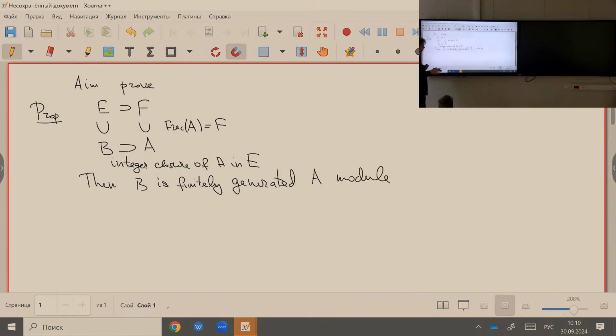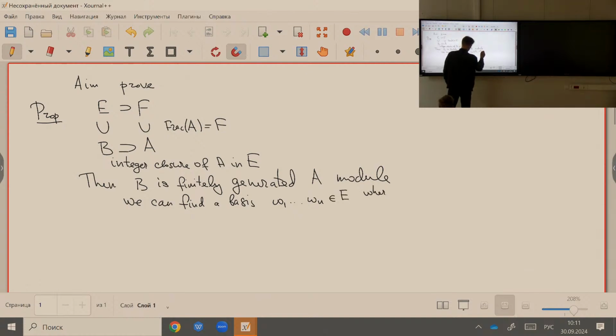Moreover, we can find the basis omega 1, ..., omega n in E, where n is the degree of the extension.